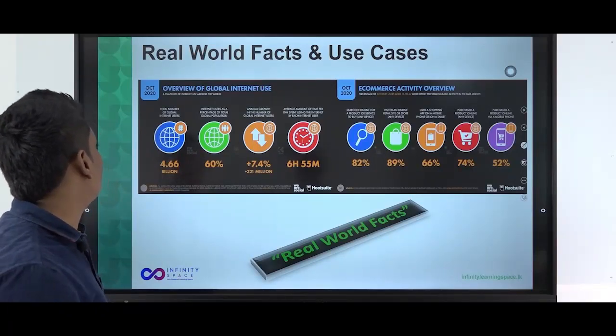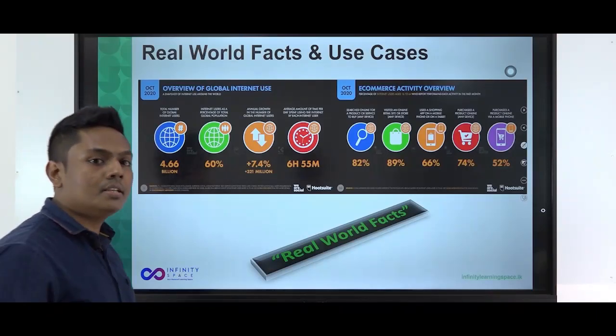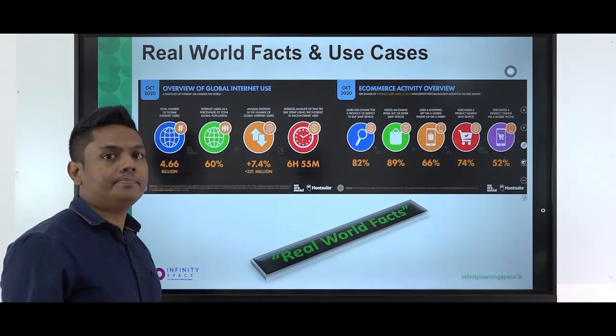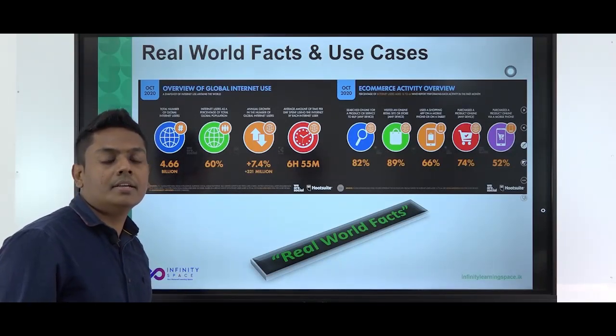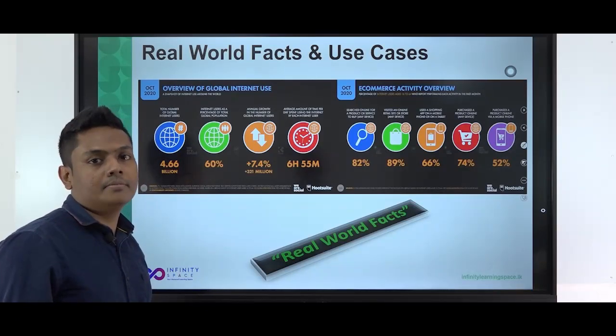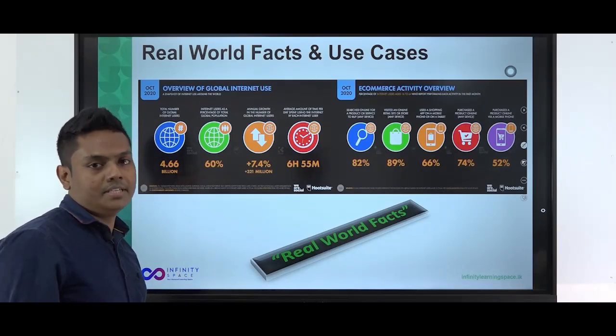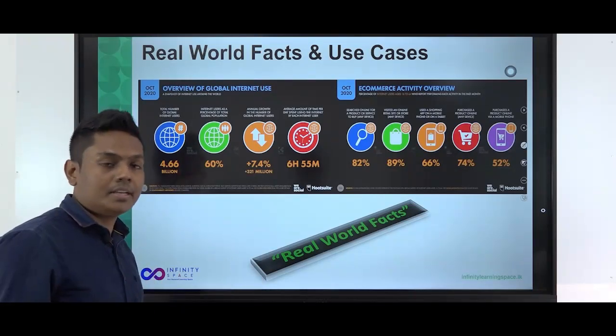What is the global population approximately in the current year? It's around 7.8 billion, right? It can vary, approximately 7.8 billion.